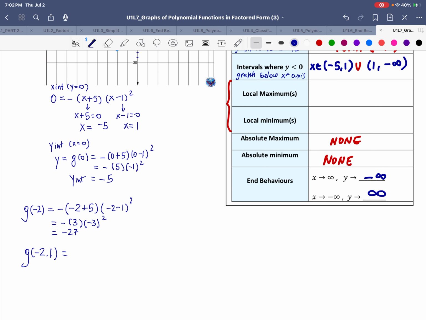And we'll have -2.1 plus 5, and then -2.1 minus 1 squared. So -2.1 plus 5 would be equal to 2.9 positive, so negative 2.9 here.